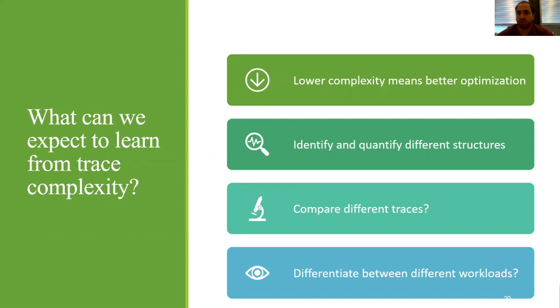Further, we hope that trace complexity could be one of the measures that is used to identify different networks and could be used to see how much replicated traffic from a simulation is close to the real traffic from a real data center, for example.